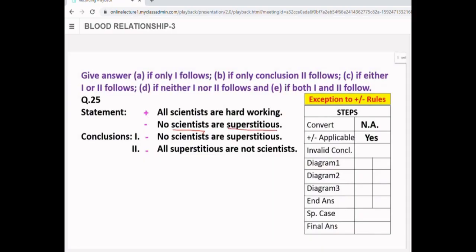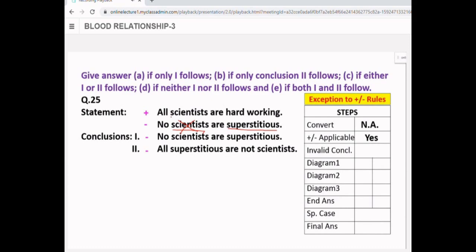But if you take both from here, in the second also superstitious and scientist are there. So only the second line you'll have to use, and you will not have to use the first line at all. So that first line will be meaningless. To keep that first line, we'll have to take scientist not from the second line but from the first line. Don't take scientist from here for that plus minus rule, because if you do, everything happens with the second statement only.